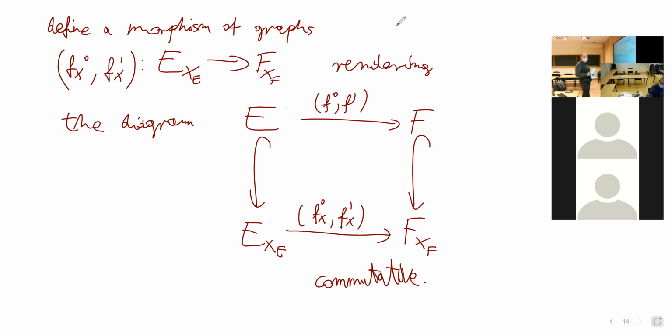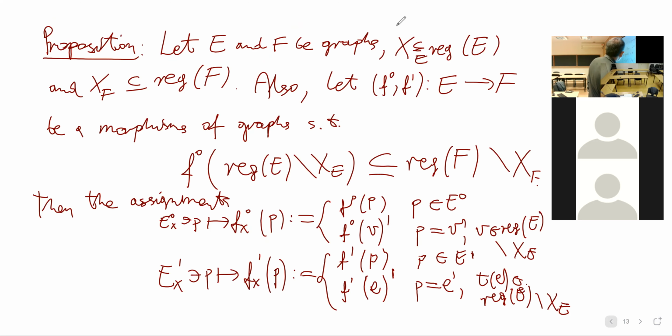The commutativity is obvious, because if you look at the formulas which I gave you, if my P is in the subgraph, then I do nothing, whether it's an edge or a vertex.